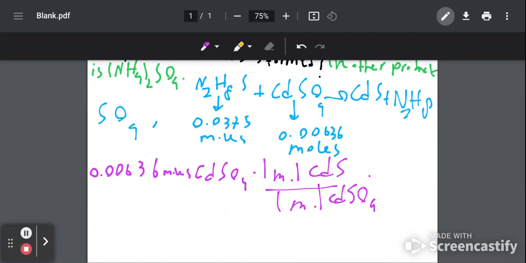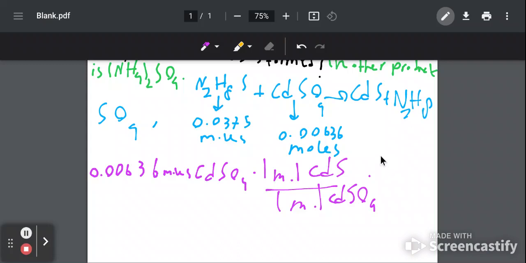The molar mass of sulfur is approximately 32.07, and if we look up cadmium, it's 112.41. So 32.07 plus 112.41 gives 144.48.